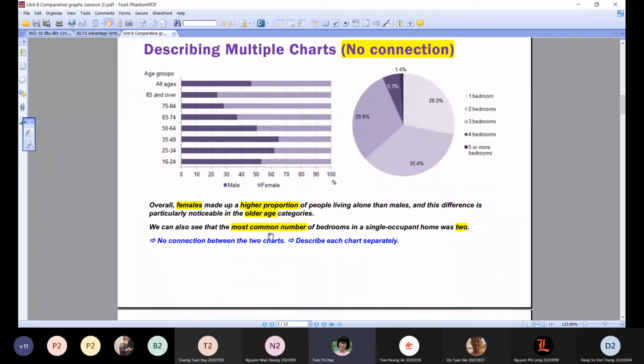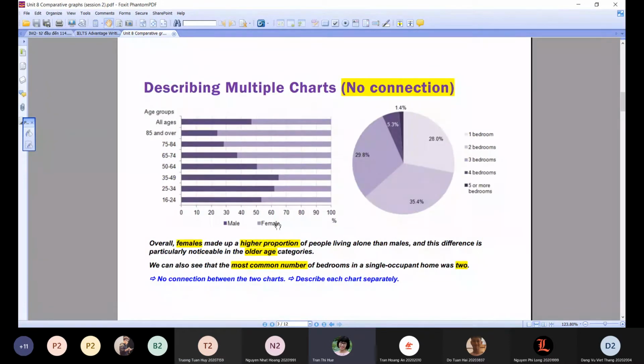So here you can see the two outstanding features in the two charts. Overall, females made up a higher proportion of people living alone than males, and this difference is particularly noticeable in the older age categories. So you can look at the groups for 65 to 74 and then 75 to 84.